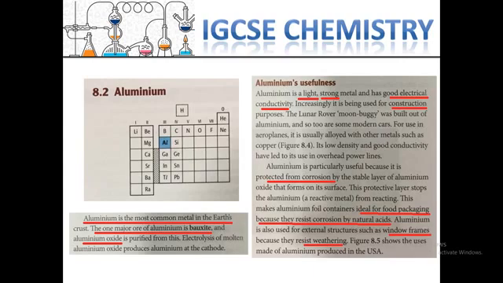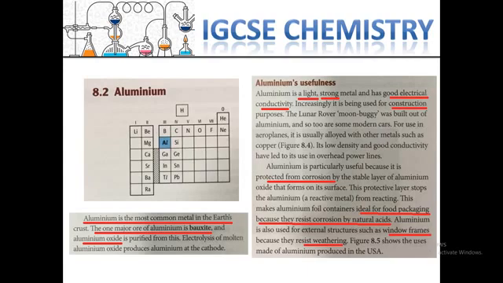That is corrosion. Corrosion mostly happens to iron, not aluminium. Aluminium is protected against corrosion, so that makes it useful for constructing the window frames.